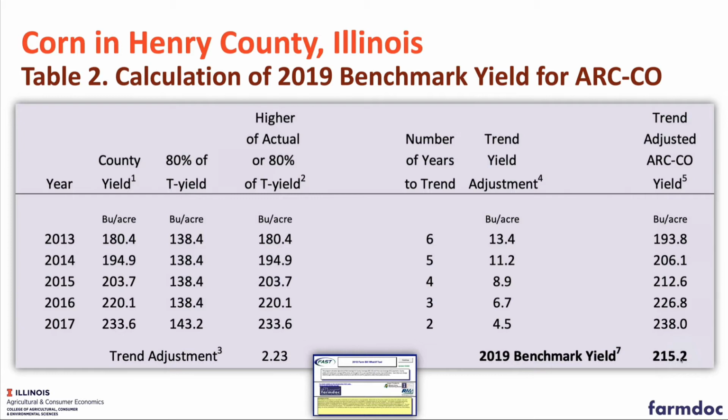We won't know those until August. And it's true that they are prioritizing the use of RMA yields this time around rather than NASS, but the NASS yields that'll come out on the 20th will give us a better sense of where we think the county yields will be. But again, it is accurate that those are not the exact yields that will be used to determine these programs. That being said, the history you see on the screen are the yields that FSA is using to set the benchmarks.